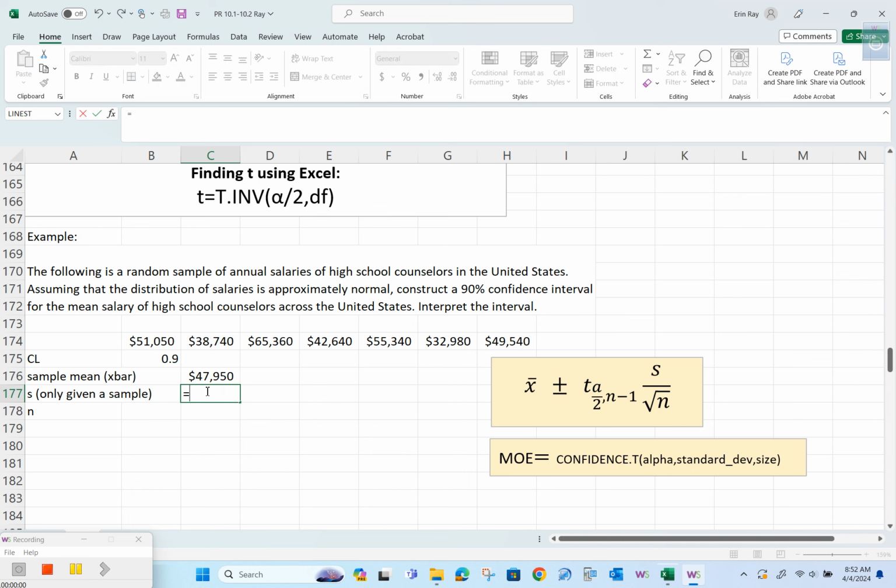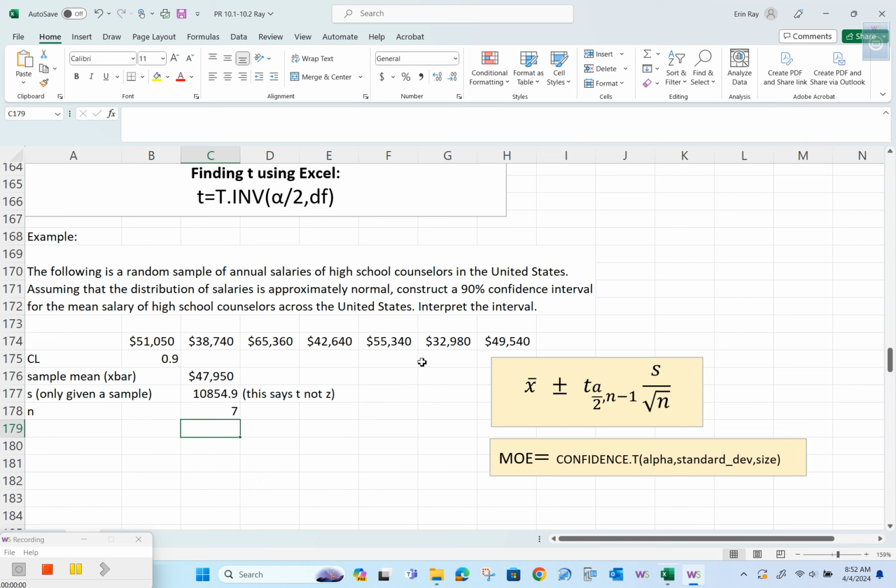And because of that, we're going to use equals standard deviation dot S, and do the same thing to calculate it. Now, when we're given only sample information, then we have to make sure that we are using a t distribution instead of z. And n, we can literally count here, 1, 2, 3, 4, 5, 6, 7 in my sample.